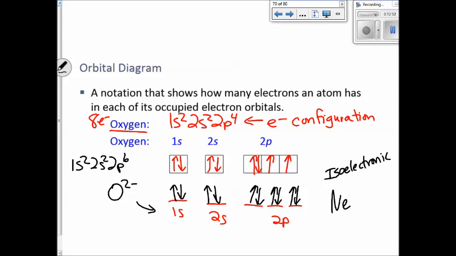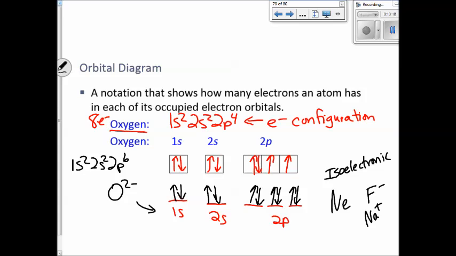It would also have the same configuration as, say, fluoride, because fluoride gains 1, so it would also have a 2p6 going on. Or, say for instance, we were talking about sodium. If sodium loses this 1 electron, guess what? It now looks like neon, and it also is isoelectronic with oxide.